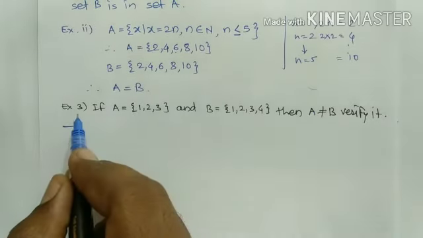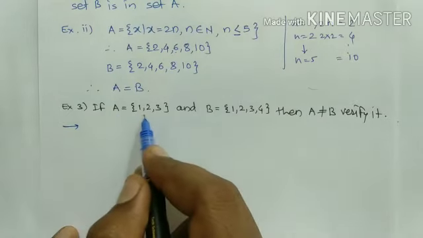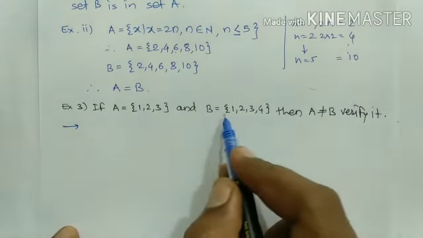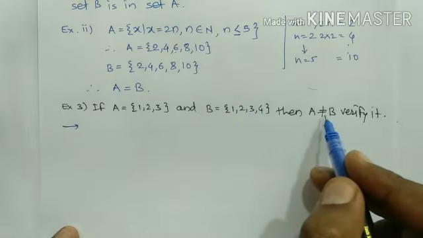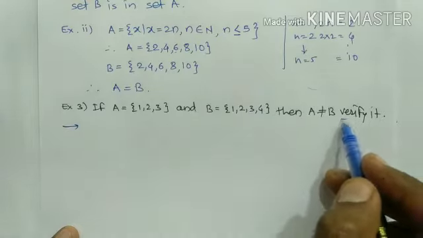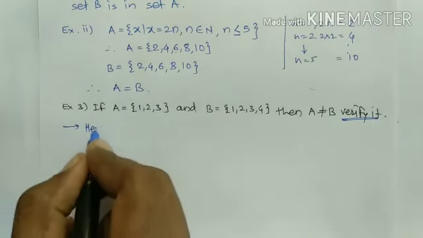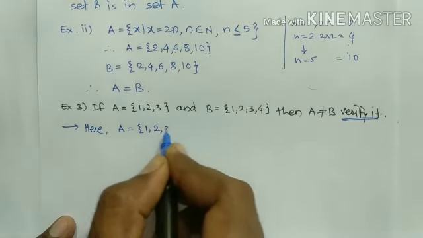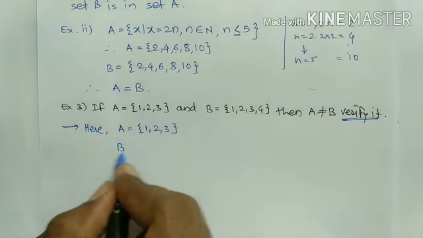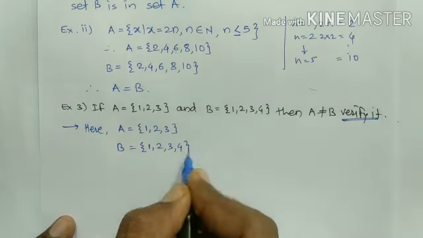Now, this example is given in our textbook. Here, if A is the set of 1, 2, 3 and B is the set of 1, 2, 3, 4, then A and B are not the equal sets. Verify it. आपल्याला हे व्हेरीफाय करायचं आहे. Here A, आपण हे सेट लिहूया 1, 2, 3, B 1, 2, 3, 4.